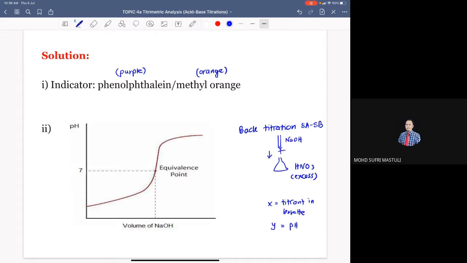The titrant in the burette that we use in this case is the volume of sodium hydroxide. So you can write it here, sodium hydroxide added in milliliter. You can name the x-axis either volume of sodium hydroxide or volume sodium hydroxide added in milliliter.